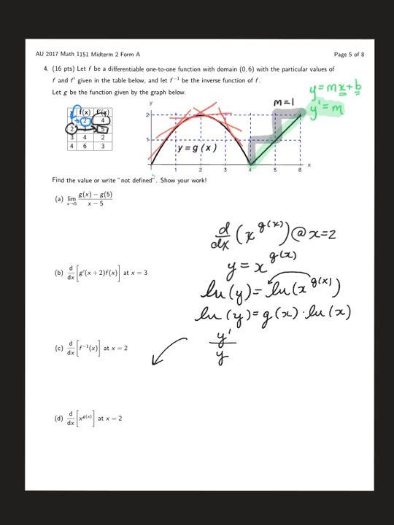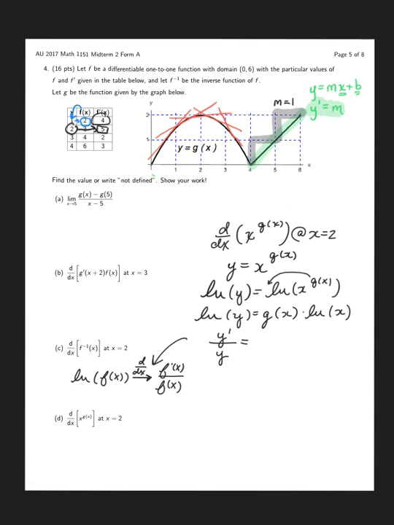Remember, as an aside, if you have the natural log of f of x and you want to do the derivative, that's going to be f prime of x over f of x. So here it's y prime over y.